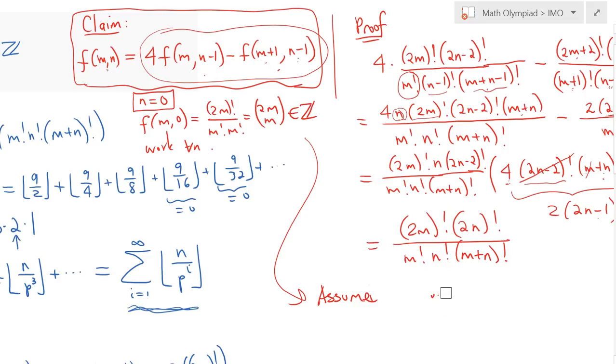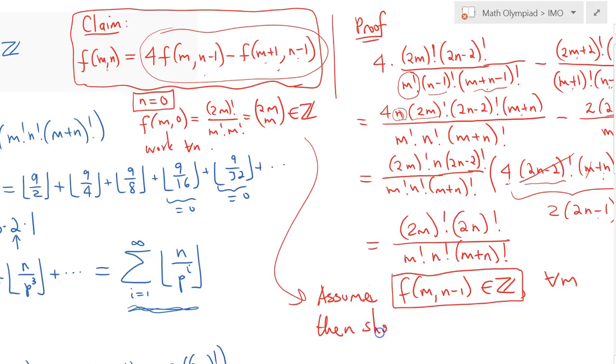Or when I say it, I mean f of m, n minus 1 is an integer for all choices of m. Then all I do is, let's assume this is true for all m, then show f of m n is also an integer, right?